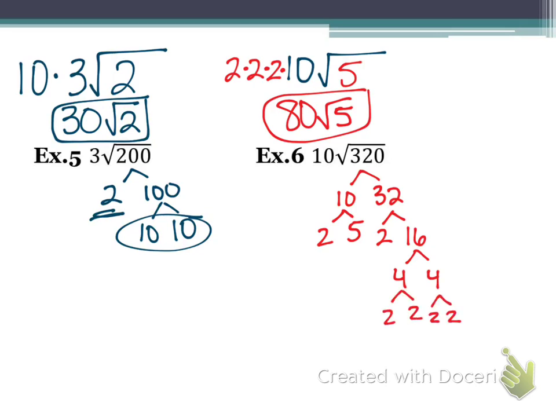Okay. So then we start looking for our pairs. So it's easy to see the pairs of 2s down here, right, from the 4s. But where else do we have a pair of 2s? Kind of in that second line here. Even though they're not right next to each other, we can circle those 2s. So we still end up with 3 pairs of 2s, and what's alone? A 5.